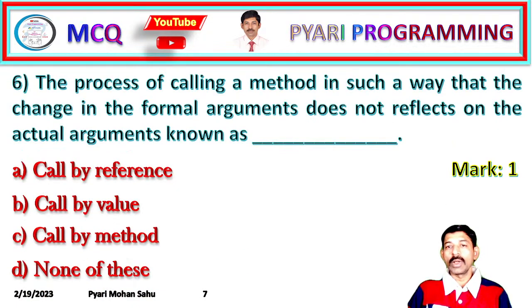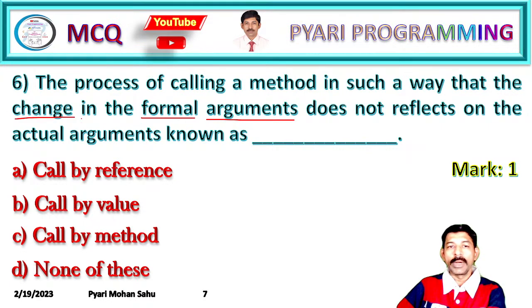The process of calling a method in such a way that the change in the formal parameter... now where it is saying change in the formal arguments, what has to be done? Change has to be made. Formal argument does not reflect on the actual argument.